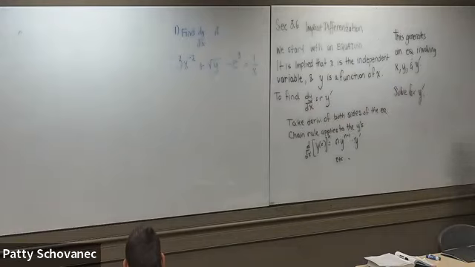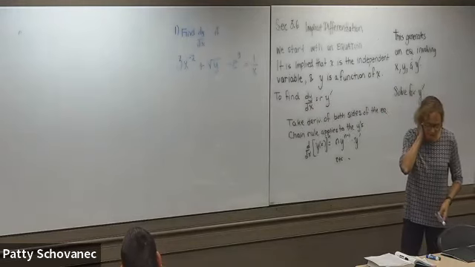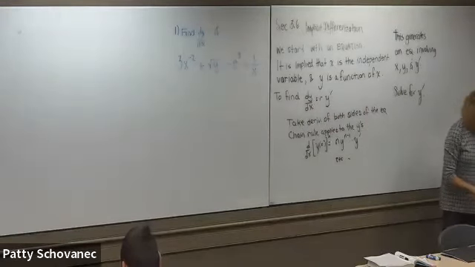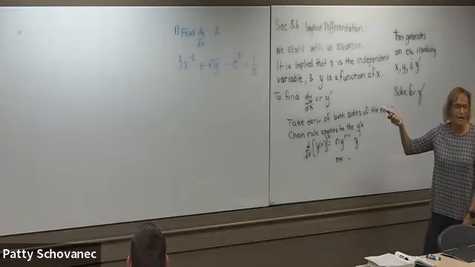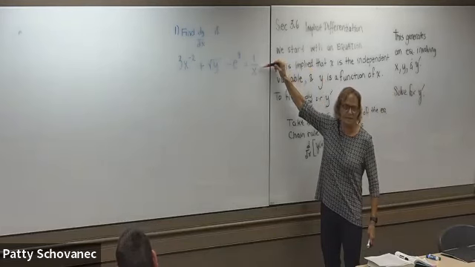So can you see the difference between an equation and a function? That's the key to using implicit differentiation. I'm going to remove the square root sign and write that y to the 1/2 power. And I'm going to replace this and write that as x to the negative 1.